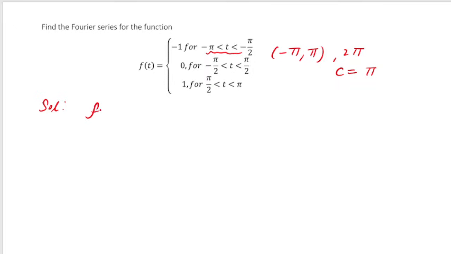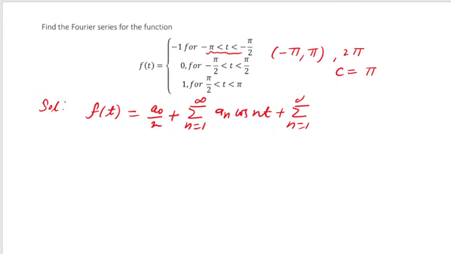So if I have to write the f of t, the expansion, it will also be a0 by 2 plus summation n varies from 1 to infinity, an cos, it is in terms of t, so nt, and summation n varies from 1 to infinity, bn sine n pi t by c, that is n pi t by pi, so that is sine nt.